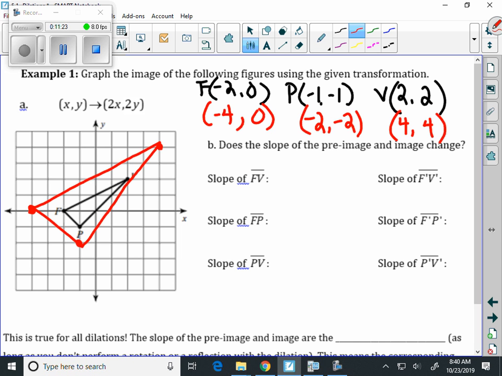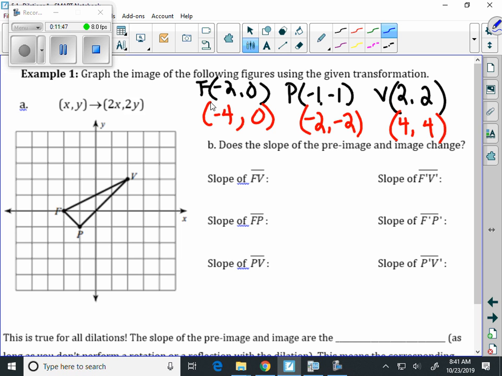And what we want to look at here, we want to look at the slope of FV for starters. I think it's going to be easier for me to get rid of my red for a second so you can see it. I'll put it back in a minute. Don't erase yours unless you really want to. Draw the slopes of everything.